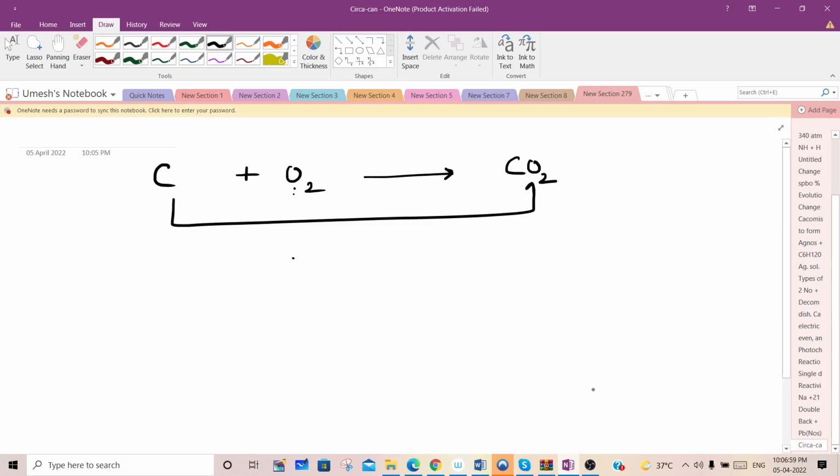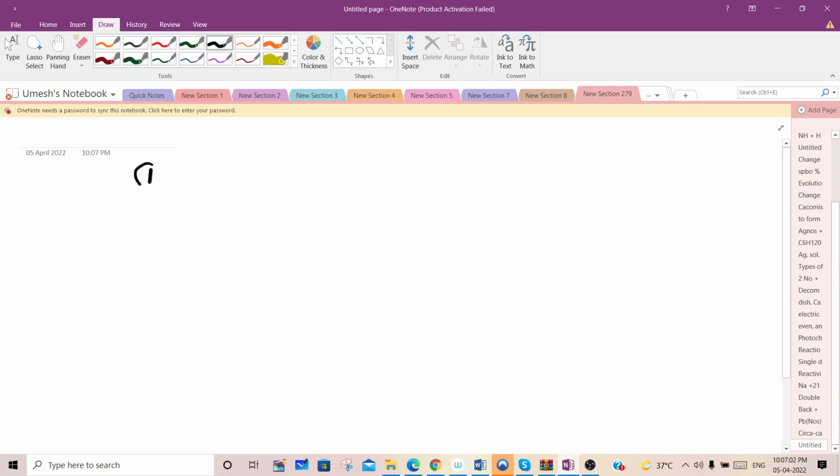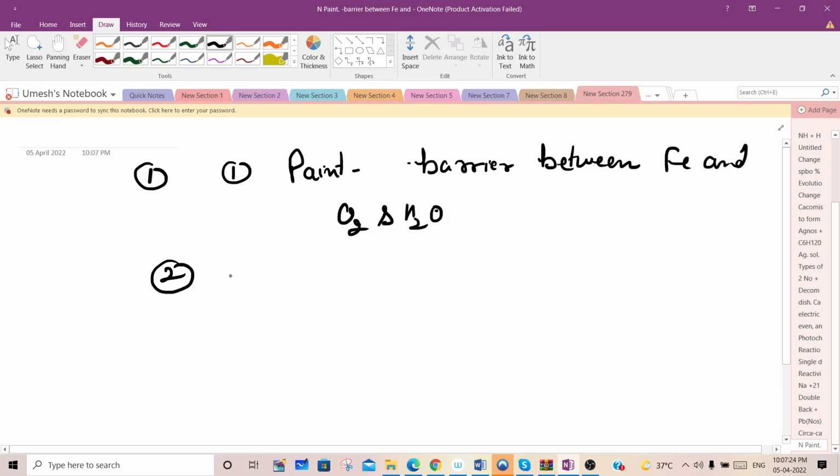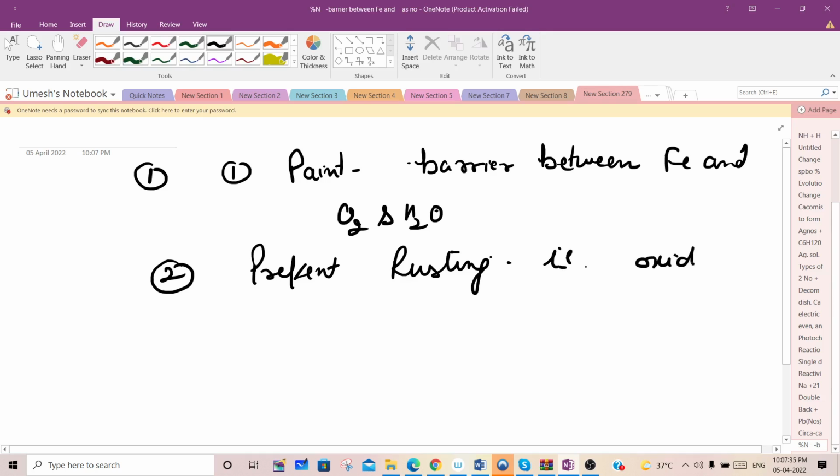So we should say number one: paint creates a barrier between iron and oxygen and water. It prevents rusting, that is oxidation of iron.